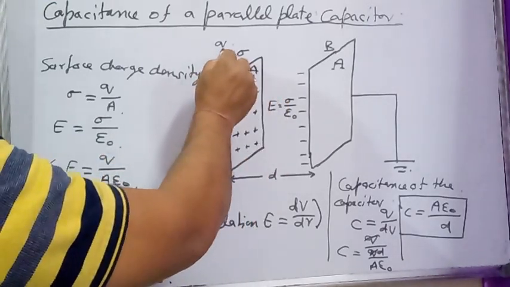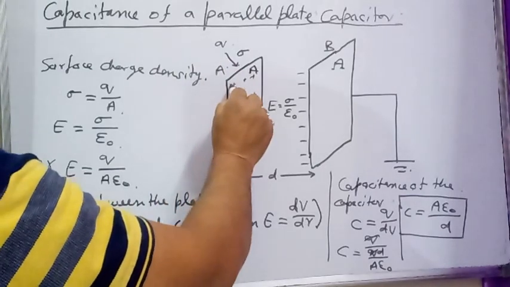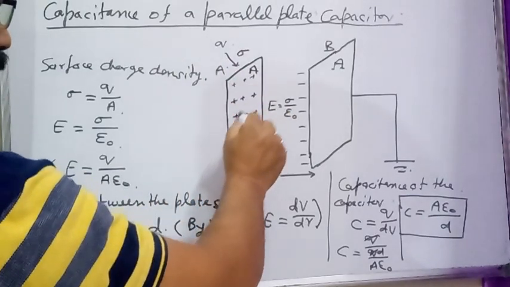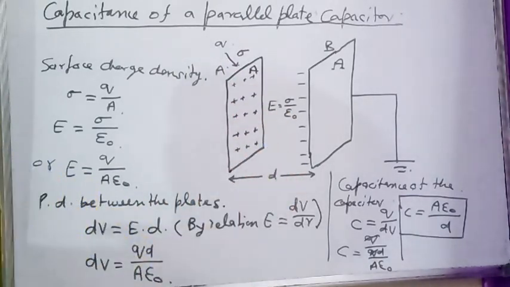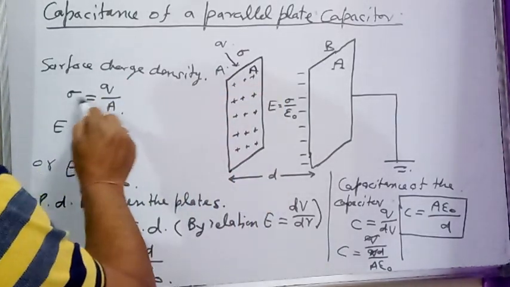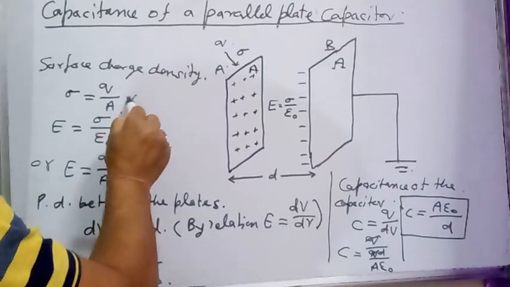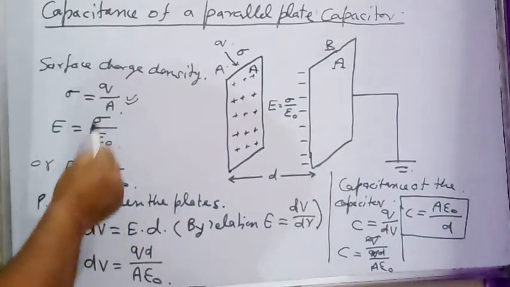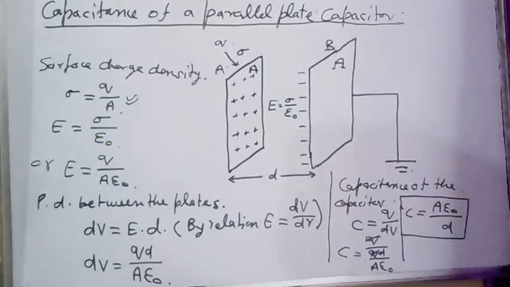Now, what should be the surface charge density of plate A? Suppose plate A is given charge Q. This charge is spread over its surface uniformly. So the surface charge density of plate A is given as sigma equals Q divided by A, the total charge given to the plate divided by its surface area.